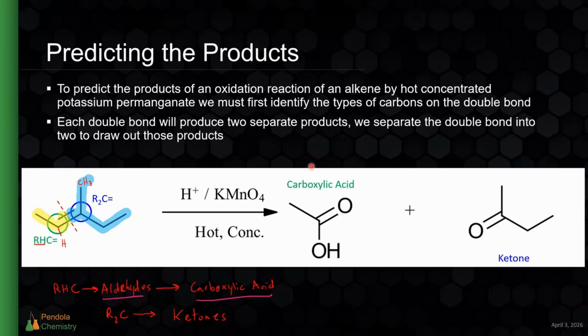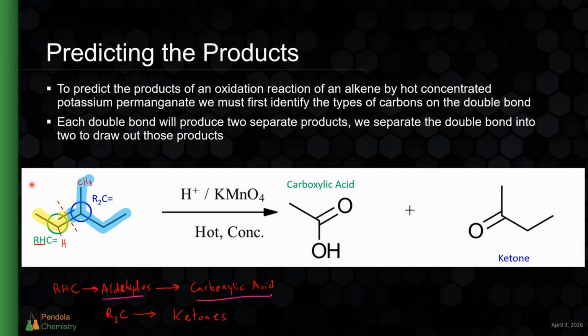And these are our actual products, our carboxylic acid and our ketone that get created from this reaction of an alkene with hot concentrated potassium permanganate, acidified with H+. So that's how we predict the products. We cut the double bond and separate the 2 molecules we're going to get, because this is a case where we go from 1 molecule to 2.